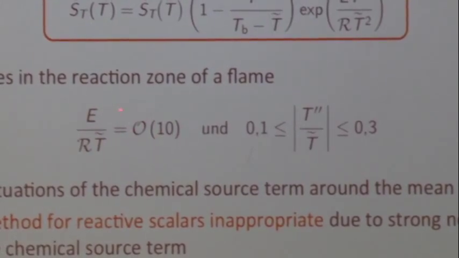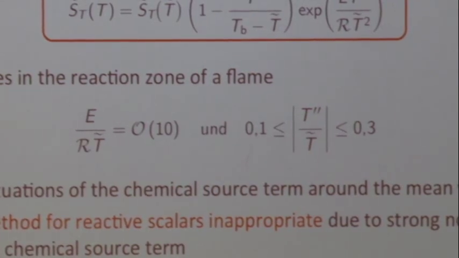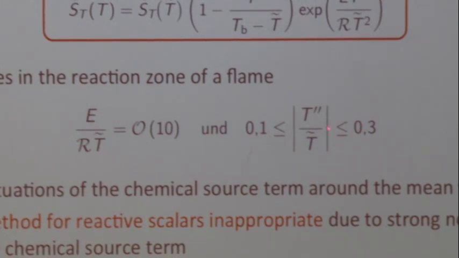That is on the order of 10 typically. These are just typical values. And the turbulence intensity, the ratio of the fluctuation over the mean, that's often called turbulence intensity. Turbulence intensity is something like 1/10 or 30% or whatever, something like this, okay?